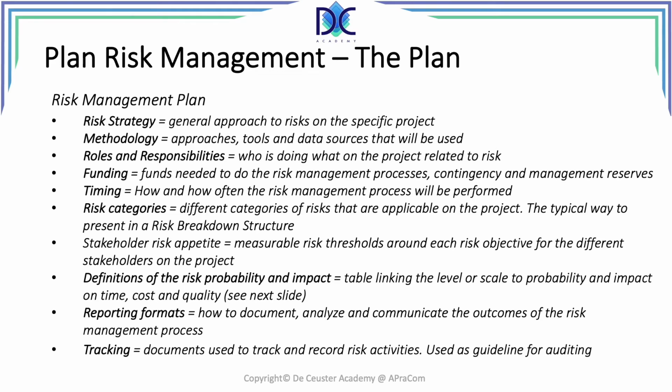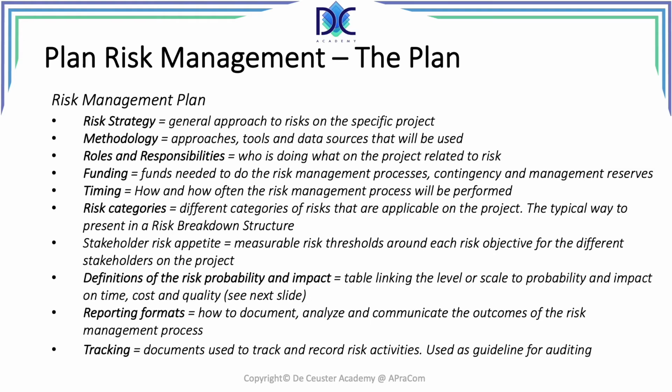We also have to look at funding. What do we have? We look at contingency and management reserves. Timing, what are the steps? How frequently are we going to repeat the risk cycle, the risk processes? We have different risk categories, which we will put in what we call the risk breakdown structure. So we will have a look at that in one of the following slides.